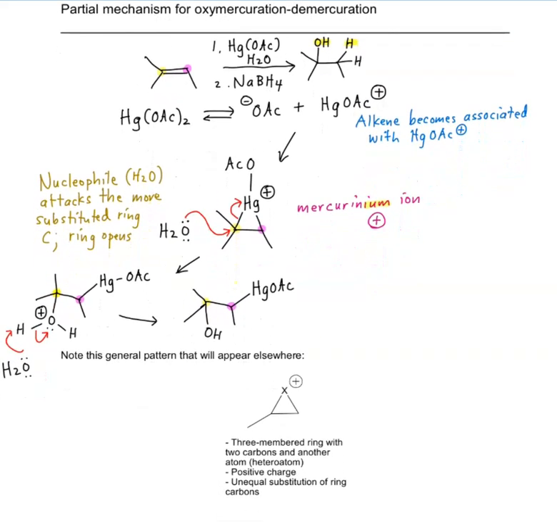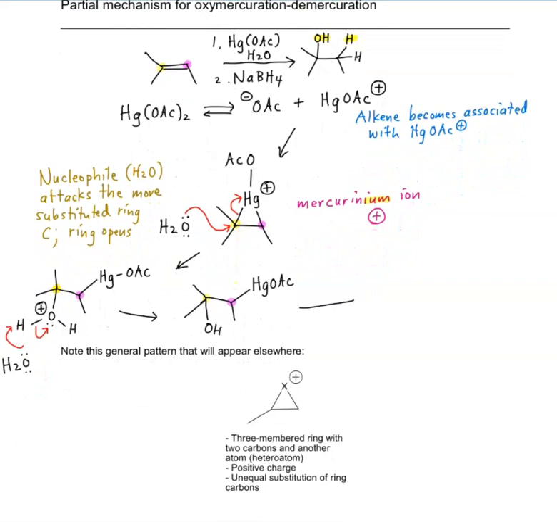So now to get to the product, in the second step, we're going to introduce into the reaction mixture some sodium borohydride. Now this is the step that we're not going to show a mechanism for. But what you should know is that the sodium borohydride is going to replace HgOAc with a hydrogen.